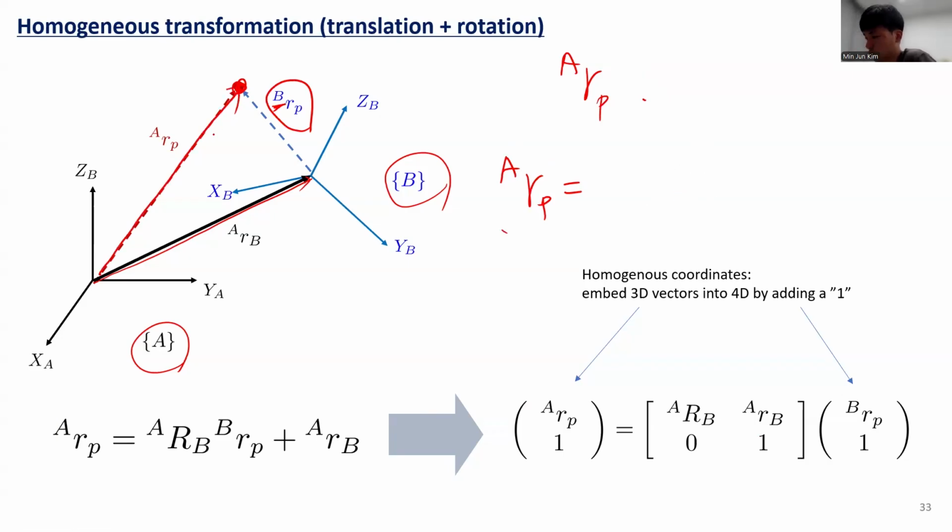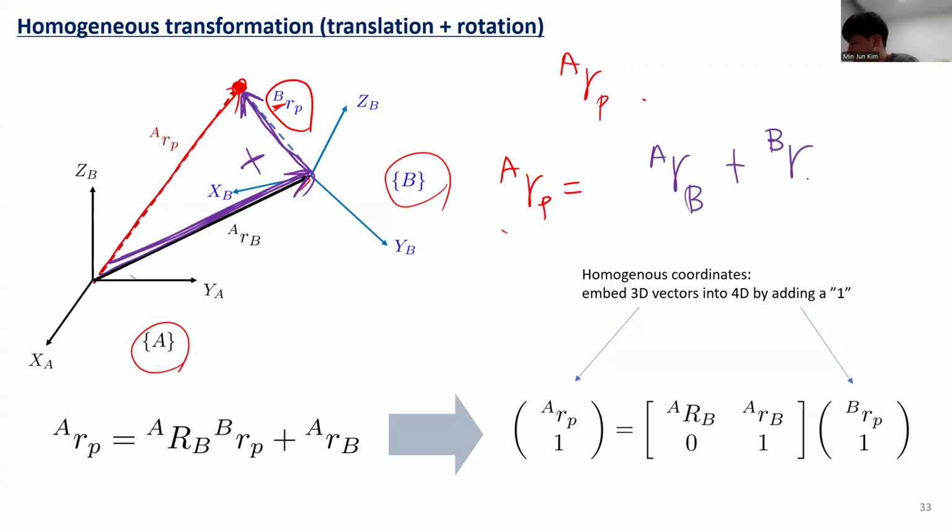This vector will be this one. Should I change the color? This vector, the purple one, plus this vector, right? So that has to be ARB plus BRP, right? That's a basic vector calculation.